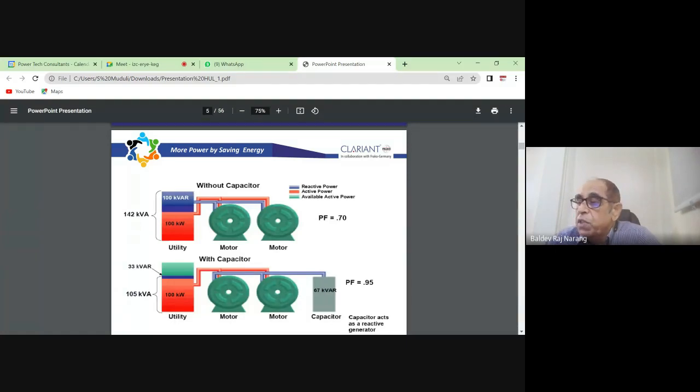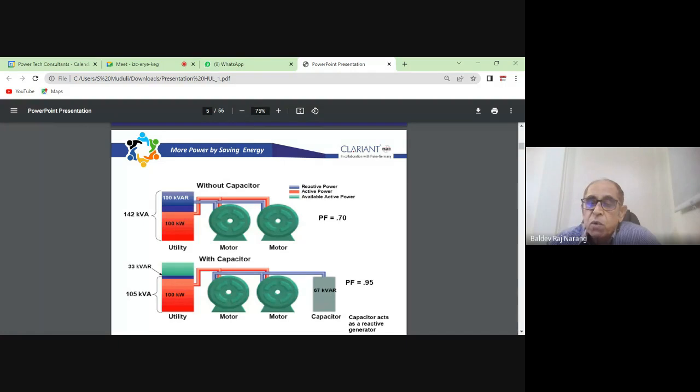So for that, we have to take a demand sanction of 142 kVA. And this is, you can say, a large and not workable thing. For just running a load of 100 kilowatt, we should not be requiring 142 kVA. So what we do is, we connect a capacitor at the load point.